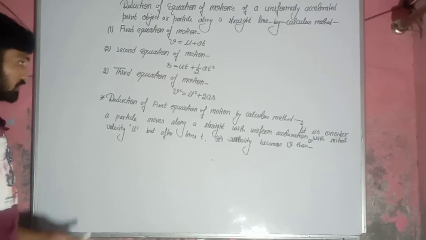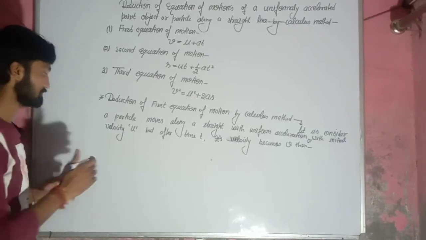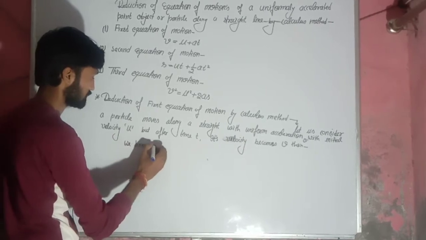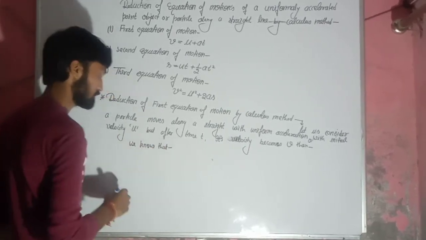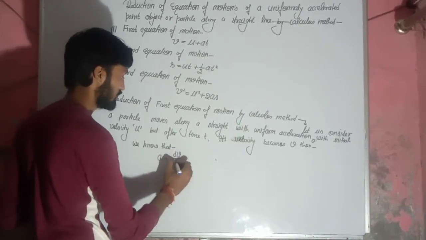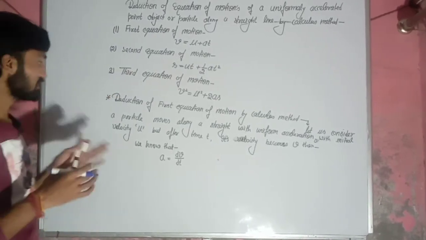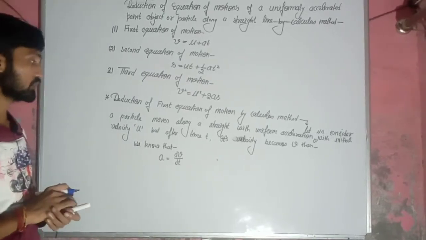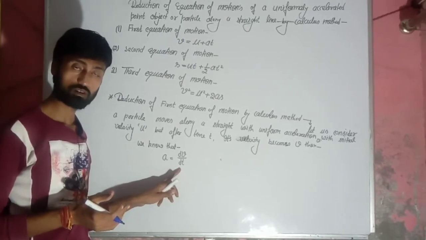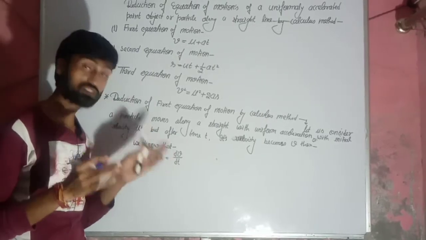Then you know very well the definition of acceleration. We know that acceleration is defined as the rate of change of the linear velocity with respect to time. To derive the first equation of motion by calculus method, we use here the derivative of velocity, and the form of acceleration is the differential form.